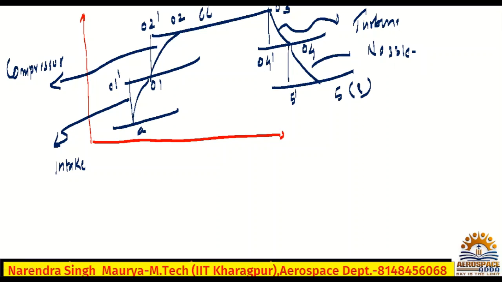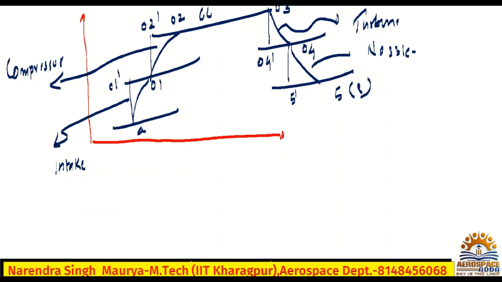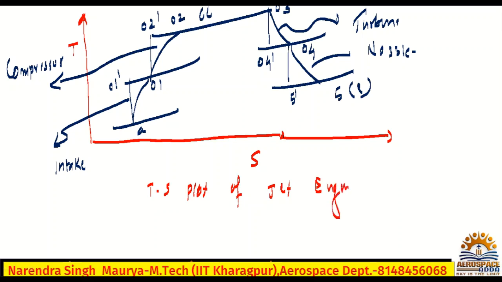This is S, entropy, and this is T, temperature. So this is the TS plot of a jet engine, I mean turbojet.